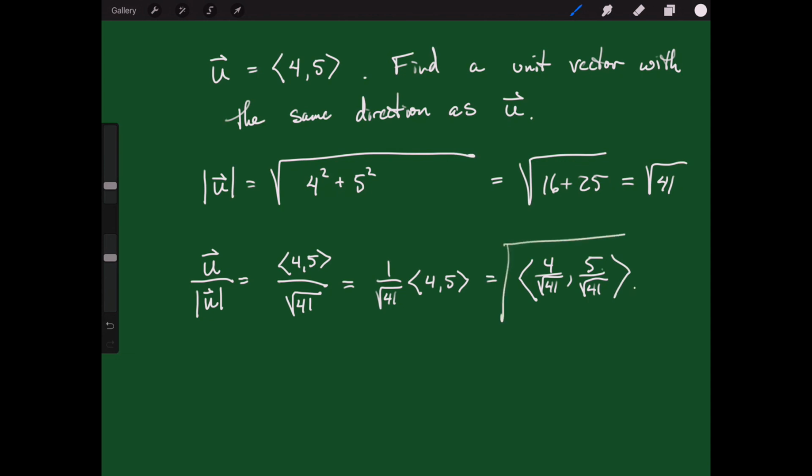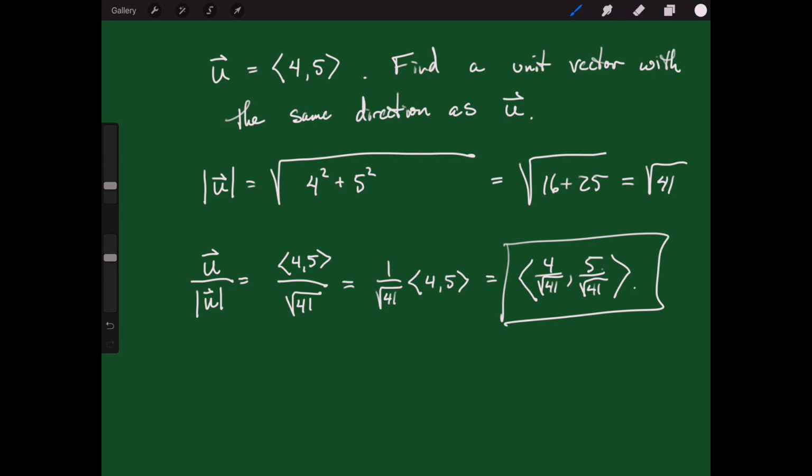And so here's a unit vector that has the exact same direction as my original vector, u. Very good.